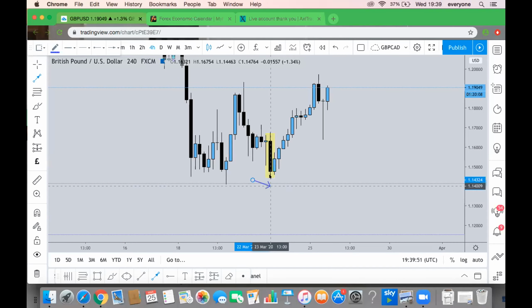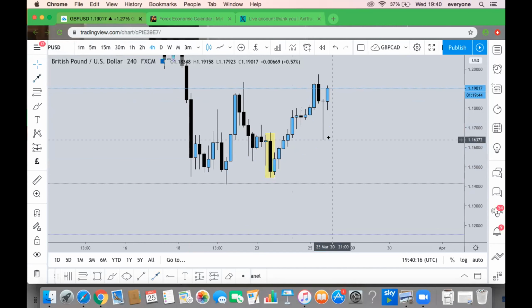Yes, this entry would have been the greatest, but sometimes you never know. Who's to say it couldn't have dipped this low? We don't know. So instead of jumping in too early or trying to predict it on a smaller time frame, the 4 hour holds more weight. So then when we did get the break, we were just patient, we were waiting, and then just boom.